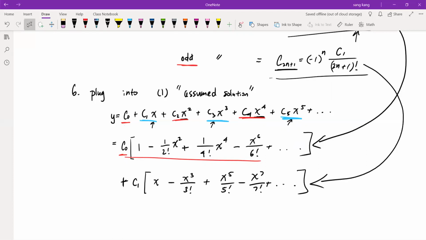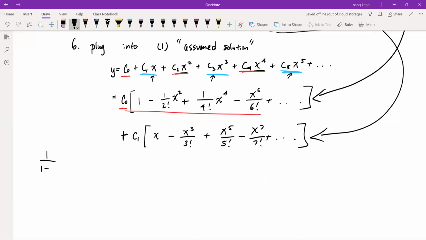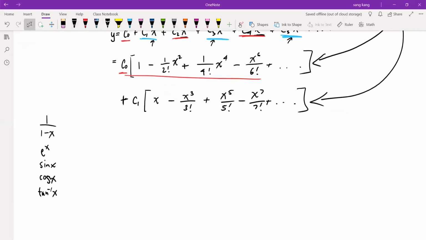This table gives you the Maclaurin series for 1 over 1 minus x, e to the x, sine x, cosine x, tan inverse x. And remember, we were able to manipulate these as well to come up with different functions.